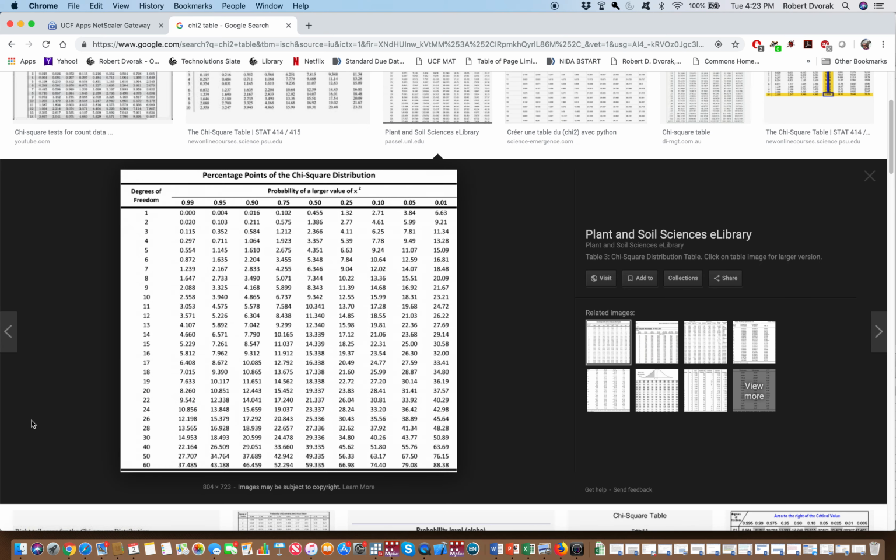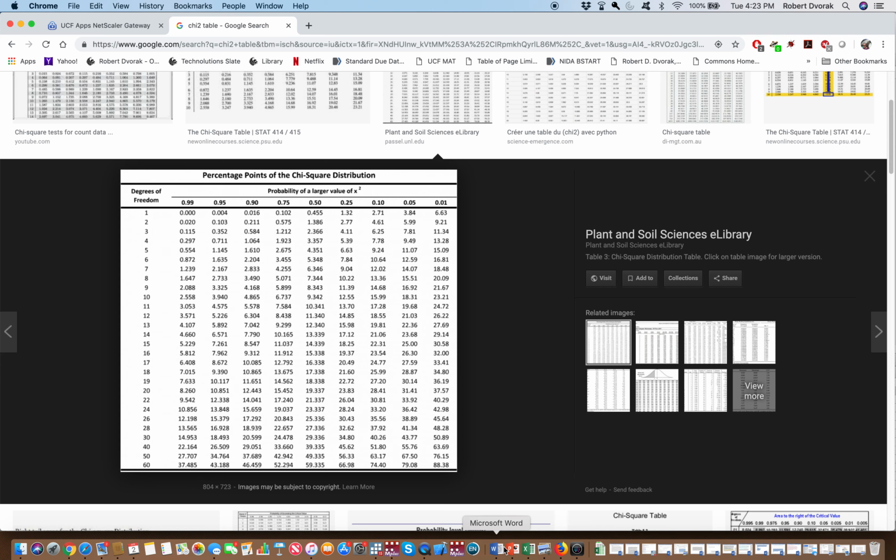So let's come over here and look at our chi-square table. You can use 0.05. I like to use 0.01 or even deeper, 0.001 if you want. With 3 degrees of freedom at 0.01, 11.34 would be a significant outlier at the 99th percentile.